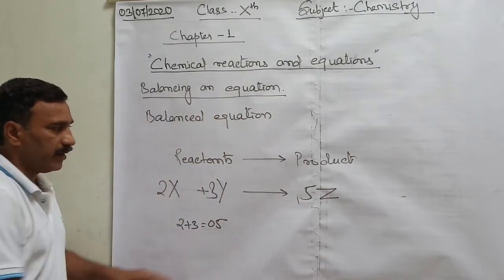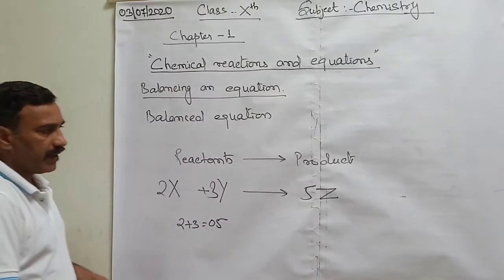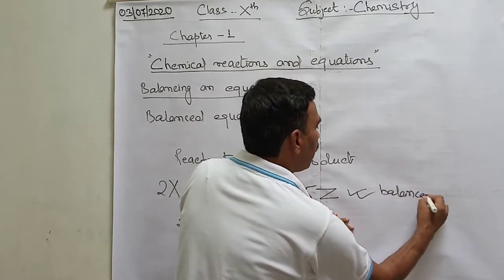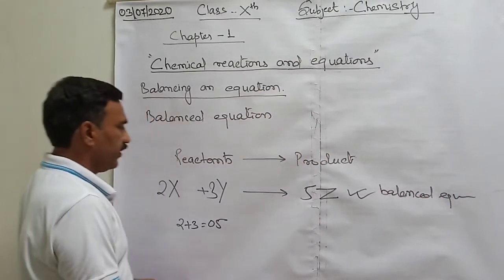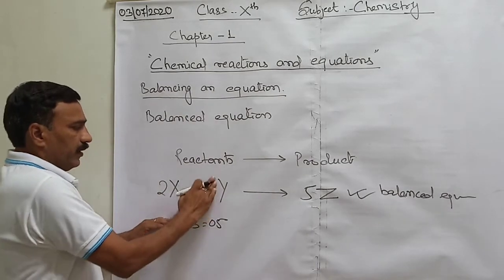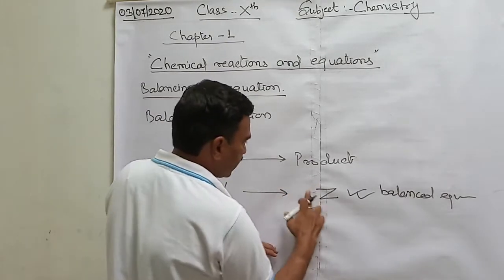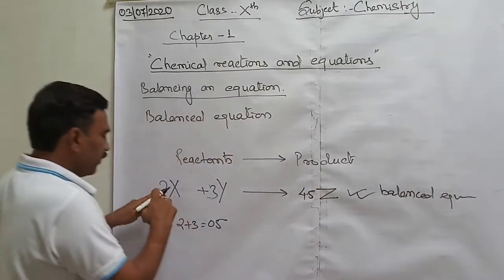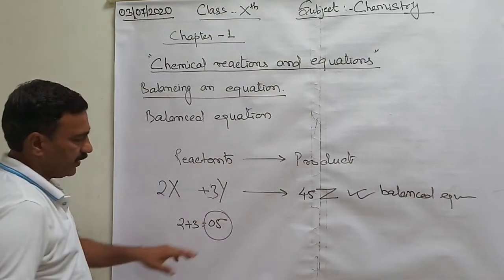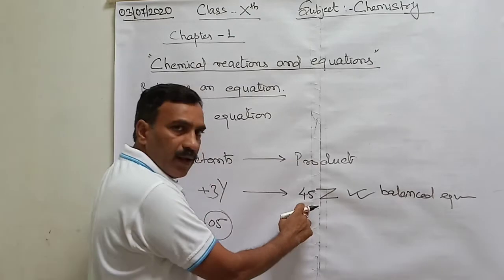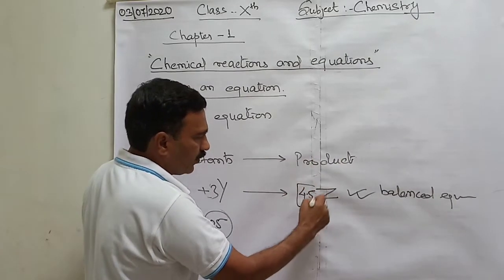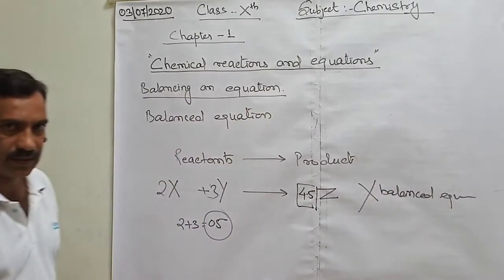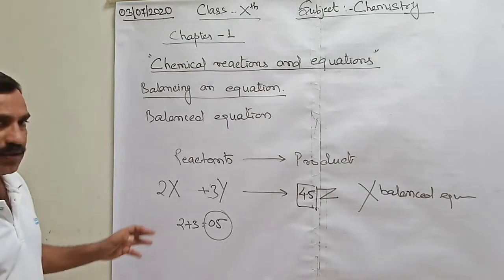If this is the observation, then you can say this is a balanced equation. Otherwise, if there is a difference, suppose it is 4.5 even, the value on the reactant side is 5, whereas the value on the product side is not equal to 5, then you cannot say that it is a balanced reaction. Clear?